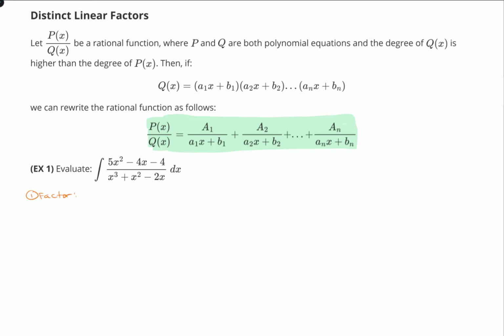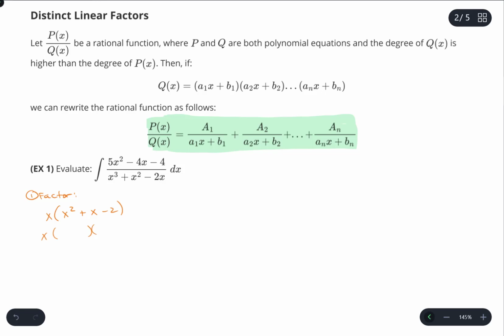You don't have to do the numerator. So here, there's a common factor of x. Let's factor that out. And when that's done, I can factor the remaining quadratic here into, let's see, 1 and 2. If that's positive and that's negative, that would be great.